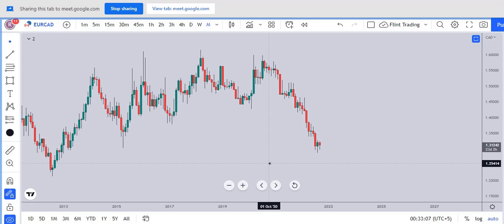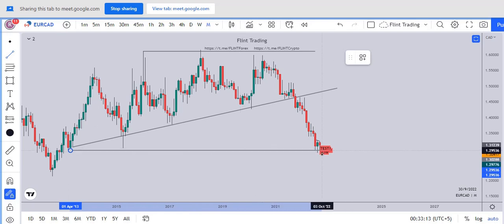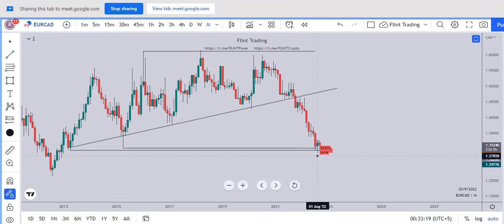But what I noticed is that the price actually grabbed that low. If you observe, the price has already grabbed these lows from this bullish candlestick, this wick right there.